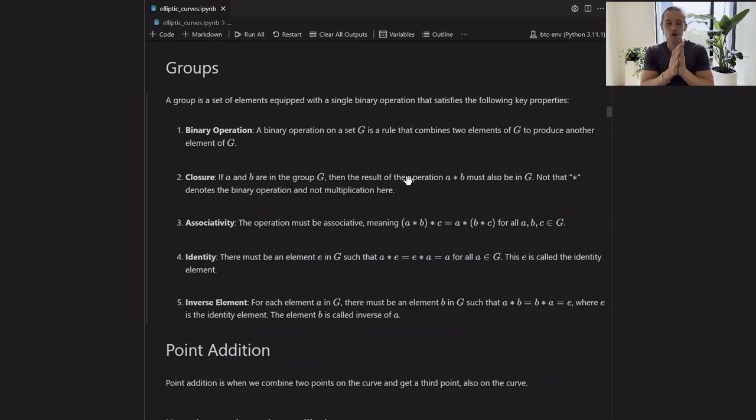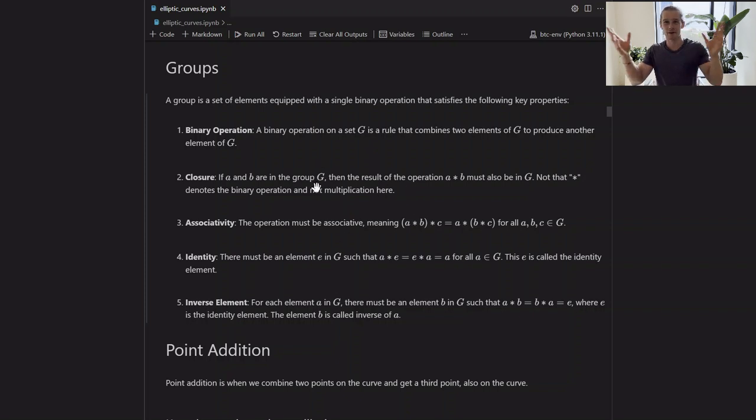Now, before we move on to point addition, I think one thing to highlight here is that this might seem abstract to a lot of you, and it is abstract math, but one of the beautiful things and the amazing benefits of doing abstract math and abstract algebra is that we can define the binary operation in any way as long as it fulfills all of these properties here.